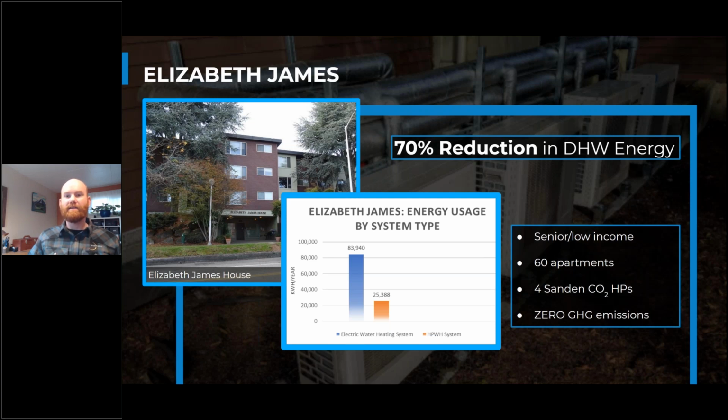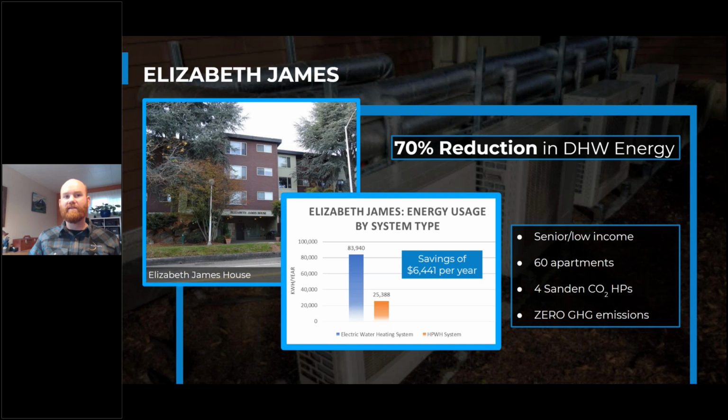And we utilized 4 stand-in CO2 heat pump water heaters that are located outside right on the front of this building facing 23rd. And this has dramatically reduced the energy use in the building associated with that domestic hot water load.